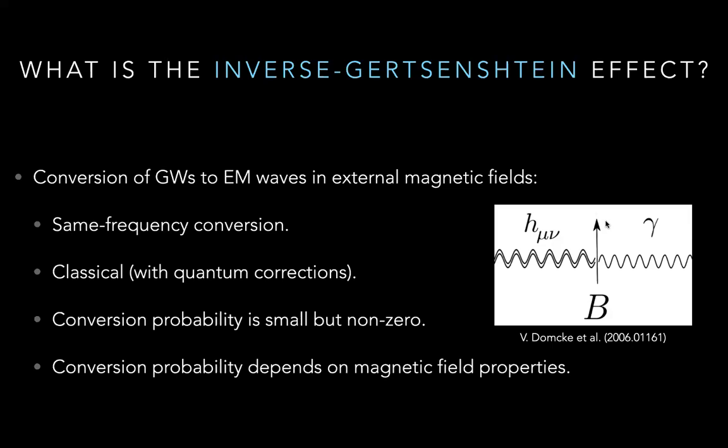So this picture describes the inverse. The Gertsenshtein effect without the inverse would be the other way around. You can shoot photons into the field, and there's a probability of converting into gravitational waves from the other end. So this is what the effect describes.